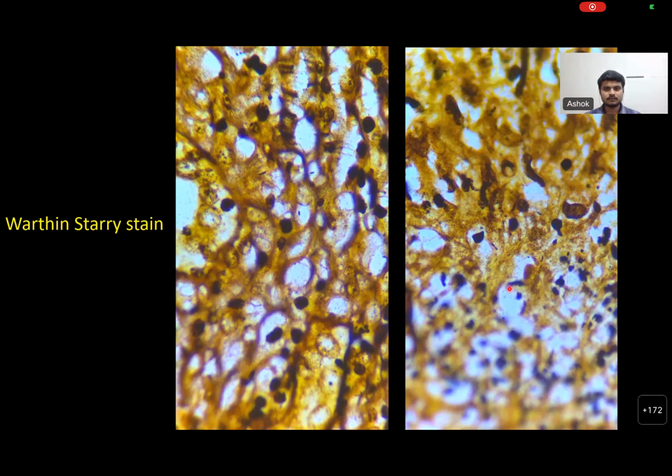What is the bacillus responsible for cat scratch disease? Bartonella henselae. So these are the organisms seen in this case, and indeed there was a history of exposure to cat when we inquired in the house itself, and this was treated with antibiotics.